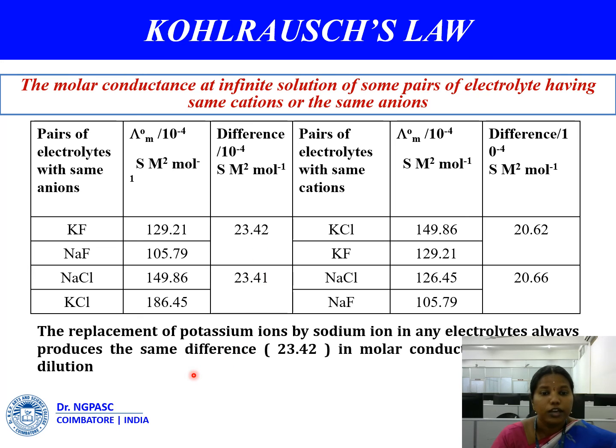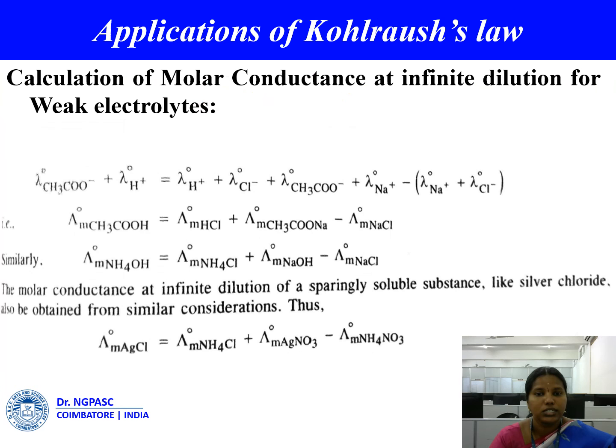That means, if you replace the potassium ions by sodium ions in any electrolyte, it will always produce the same difference of 23.42 in the molar conductance at infinite dilution. So according to the Kohlrausch law, the molar conductance at infinite dilution is contributed by individual anions or cations. Now let us see what is the application.